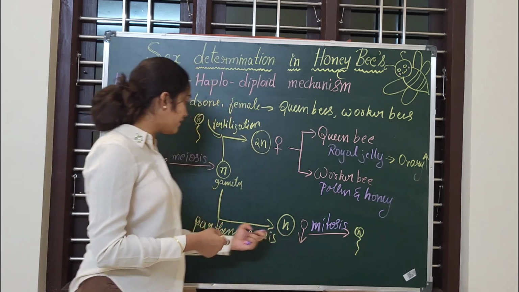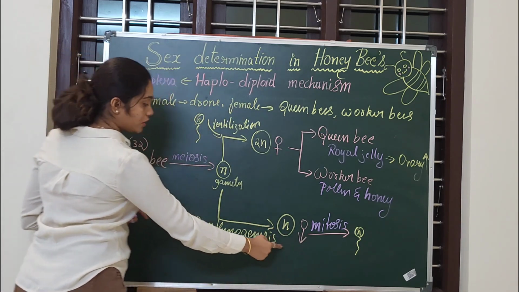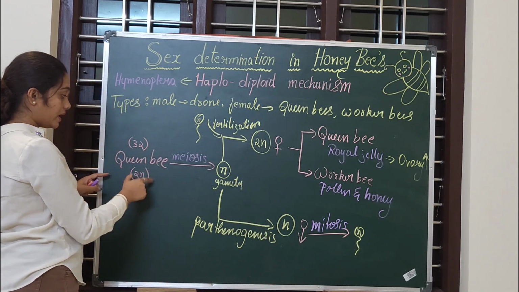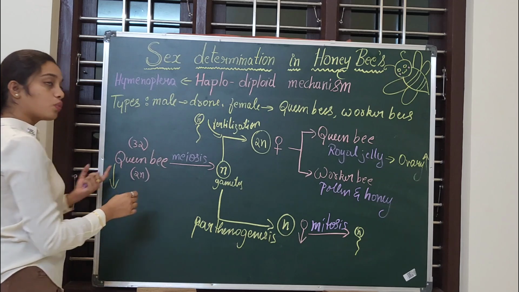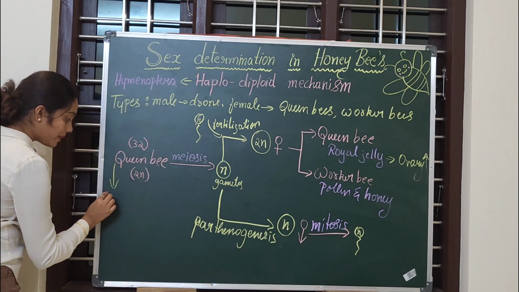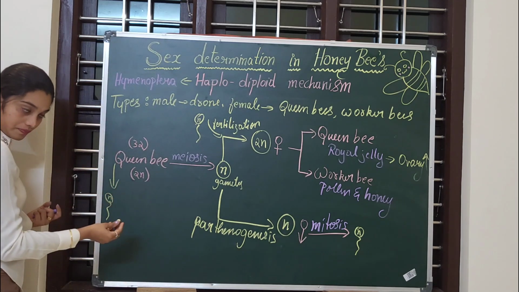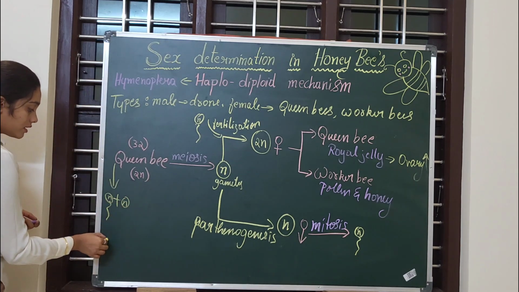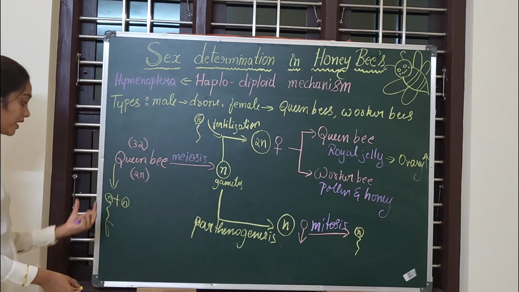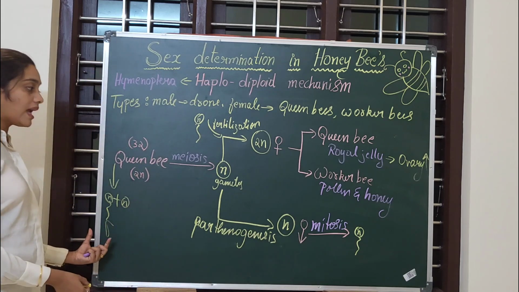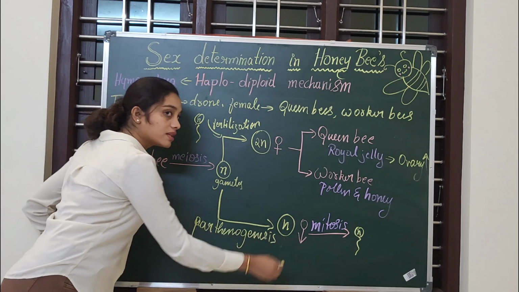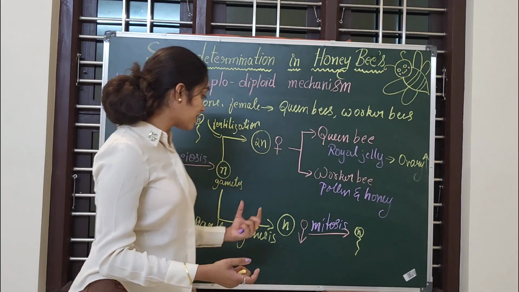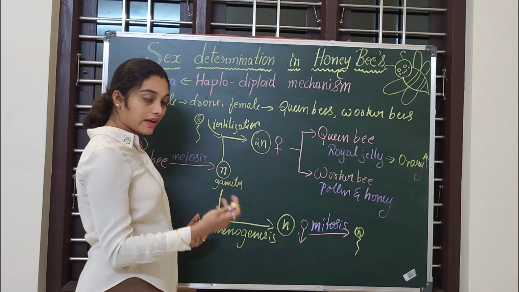How does it have a grandfather? This drone was formed directly by the queen bee. But for the formation of this queen bee, there was a requirement of a sperm and an egg from the mother. So the donor, or the one from where they got the sperm, will be acting as a grandfather for this drone. And they say that it can also have a grandson. Now how can it have a grandson?